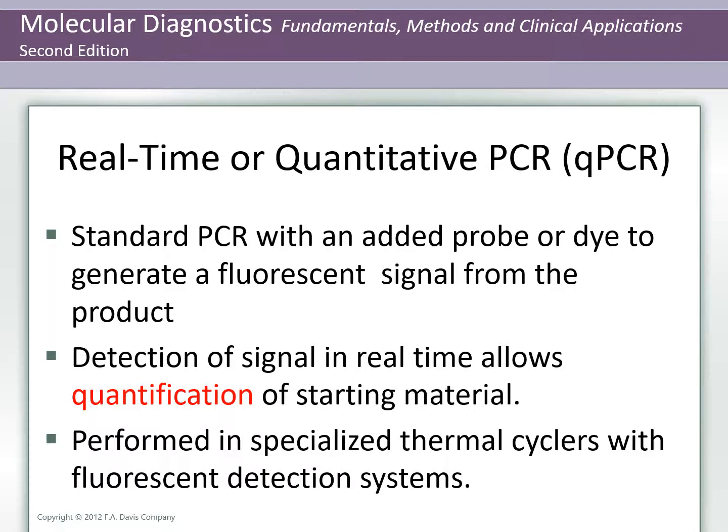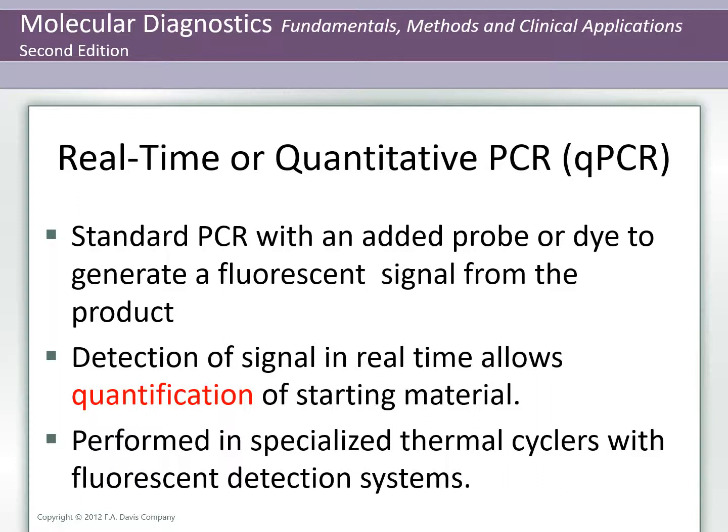Standard PCR procedures will indicate if a particular target sequence is present in a clinical sample. For some situations, though, the clinician is also interested in how much of the target sequence is present. There are several approaches to estimating the amount of starting template through PCR. Quantitative PCR was originally performed by adding ethidium bromide to regular PCR.